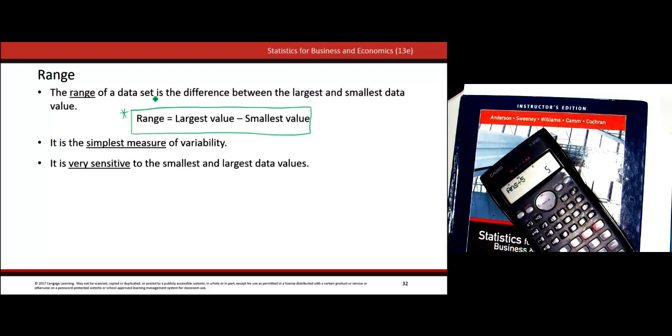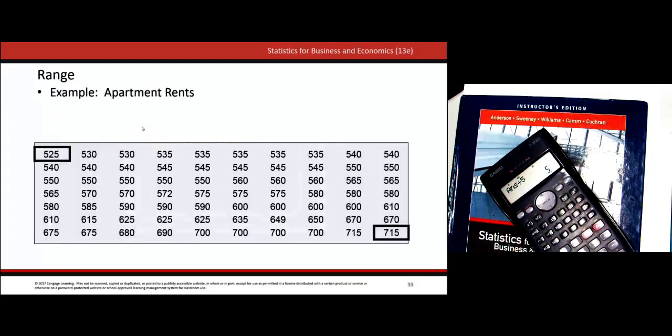Also you don't utilize all the information. You only take the maximum and the minimum value, and you ignore what is in between. Well, it is very simple to calculate. Now here the largest value is 715, the smallest value is 525, which gives 190.